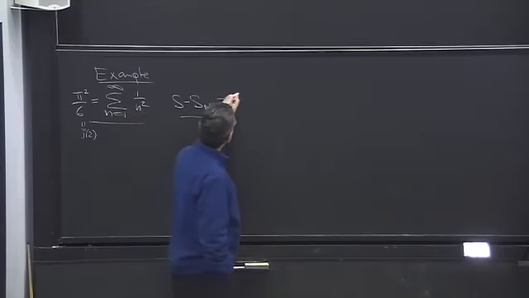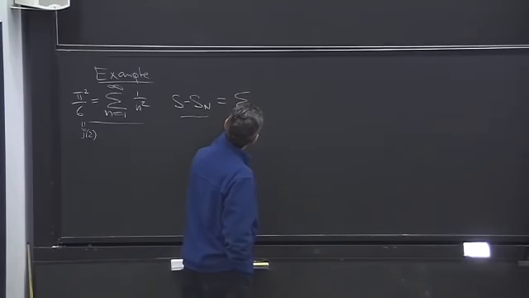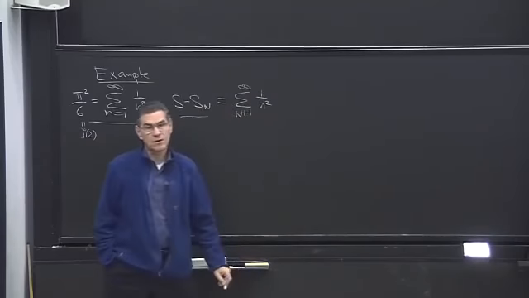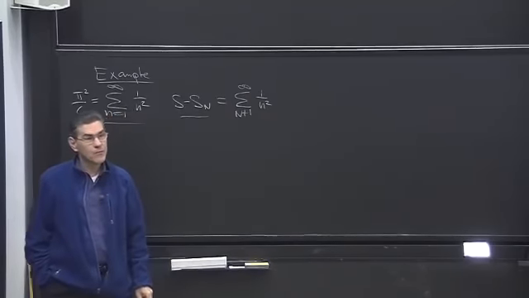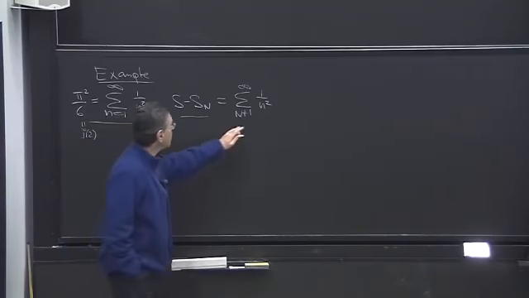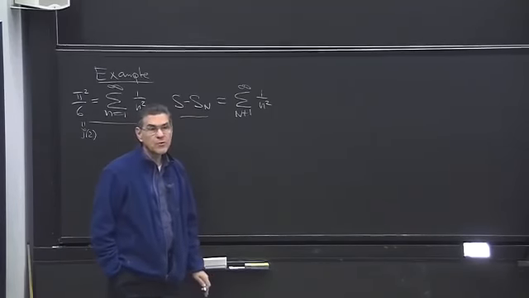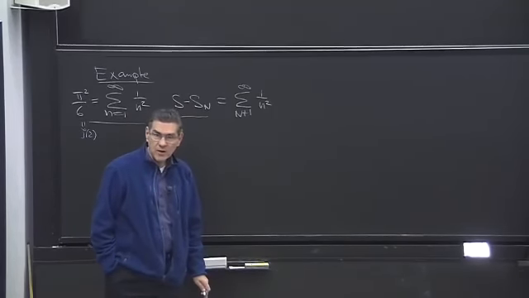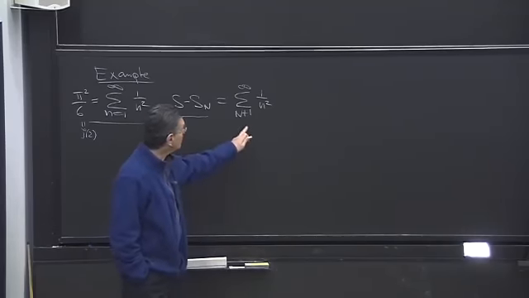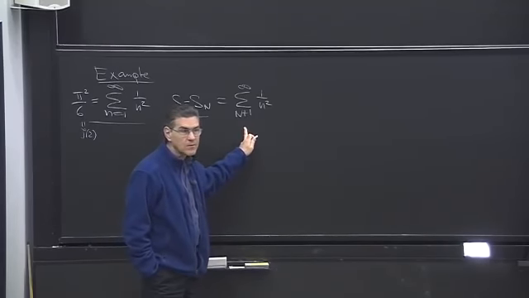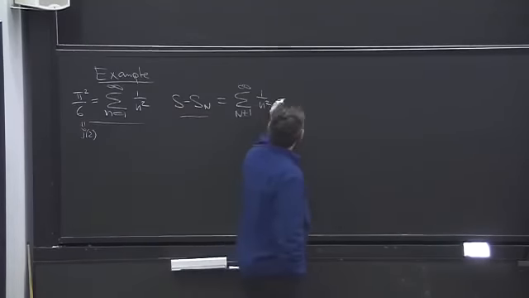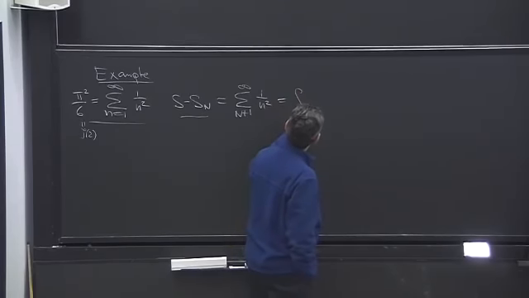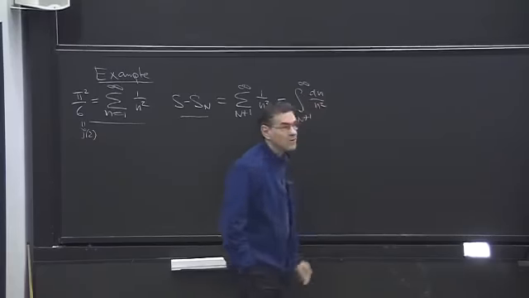So this thing is the sum from n plus 1 to infinity of 1 over n squared. But we can calculate this with tremendous accuracy by just approximating it by an integral. So this is just the integral from n plus 1 to infinity of dn over n squared.